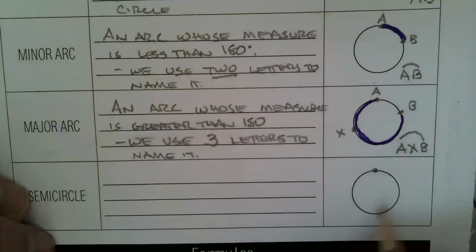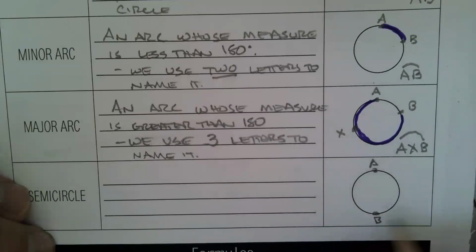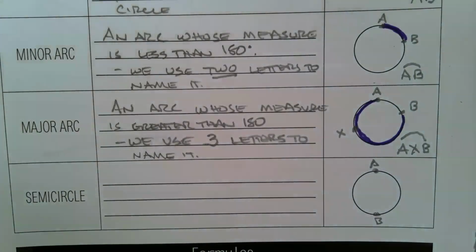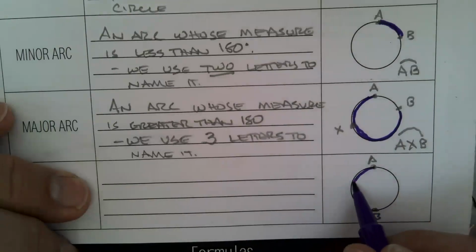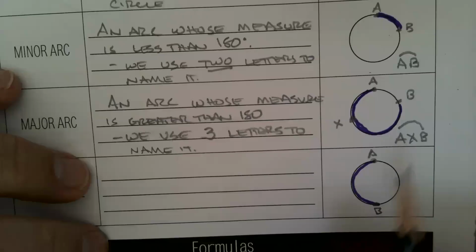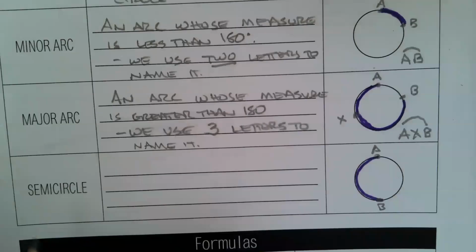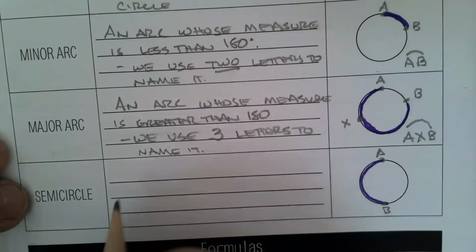What if it's exactly 180? Well, if we go exactly from A to B and they happen to be exactly 180 degrees apart, then this part of the circle that I'm talking about in terms of an arc is exactly half of the circle. That means it's a semicircle.